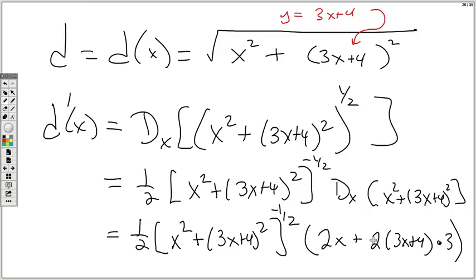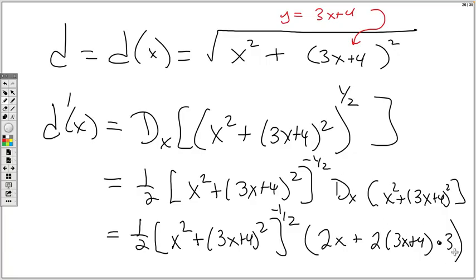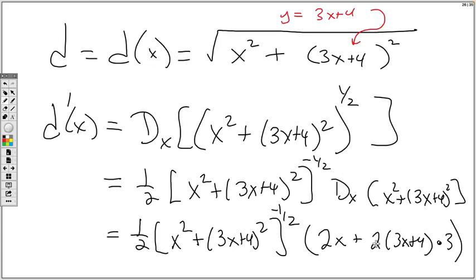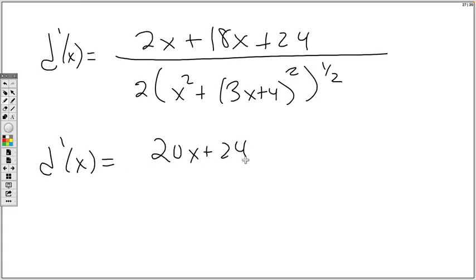And then in the numerator, I've got 2x plus, and then let's go ahead and clean this up, because I'd have 3 times a 2, which would be what? 6 times 3x would give me 18x, and then I got a 3 times a 2, which is 6 times 4 is 24. So that's a 20x plus a 24 over this.